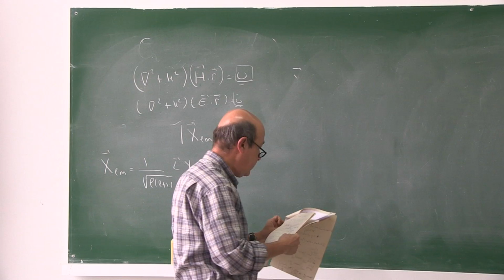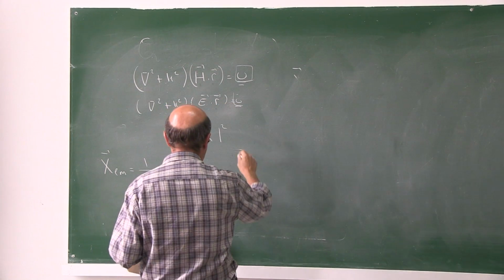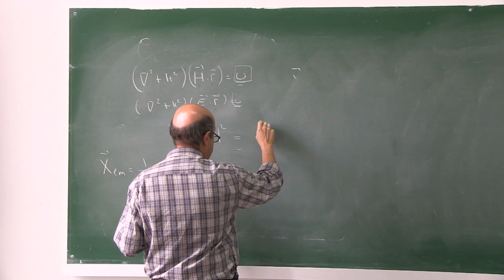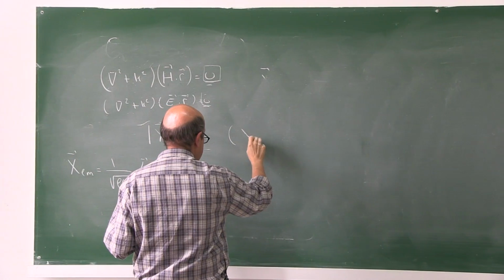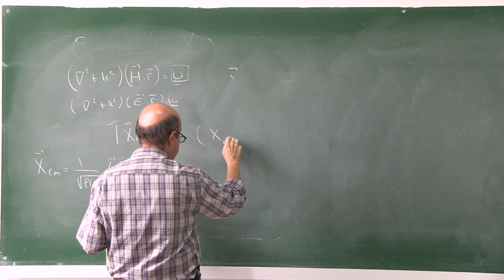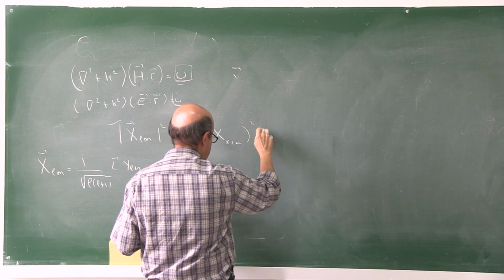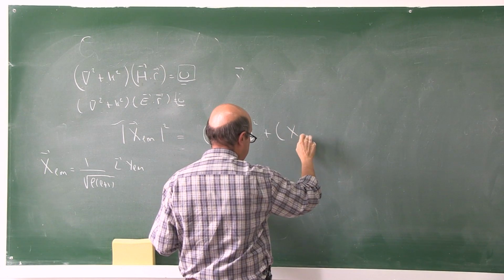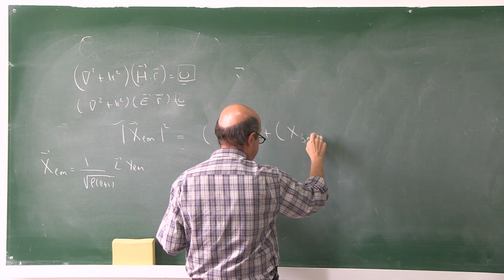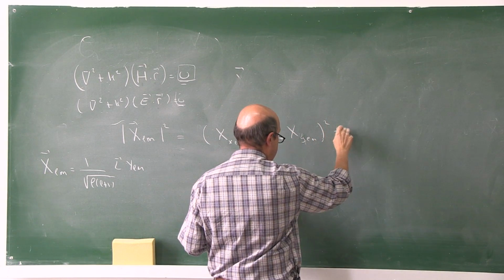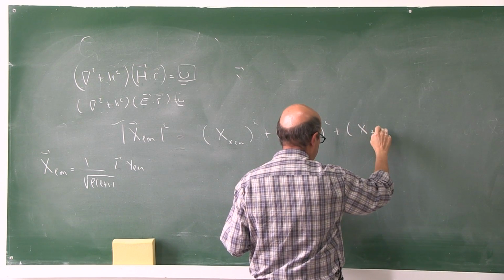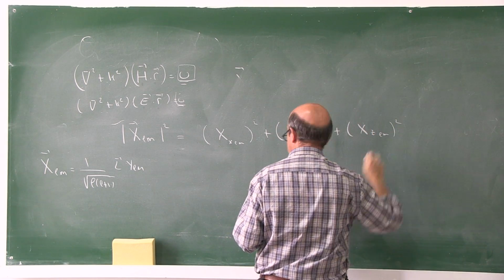So basically this is equivalent to what? The x component of Lm square, the y component of Lm square, and the z component of Lm square.